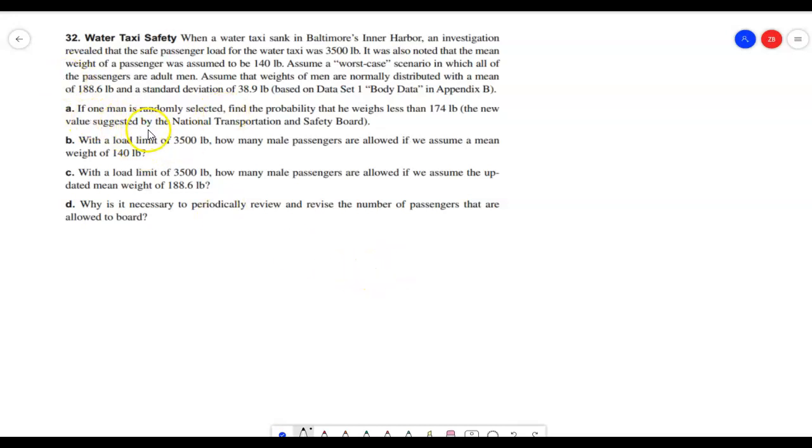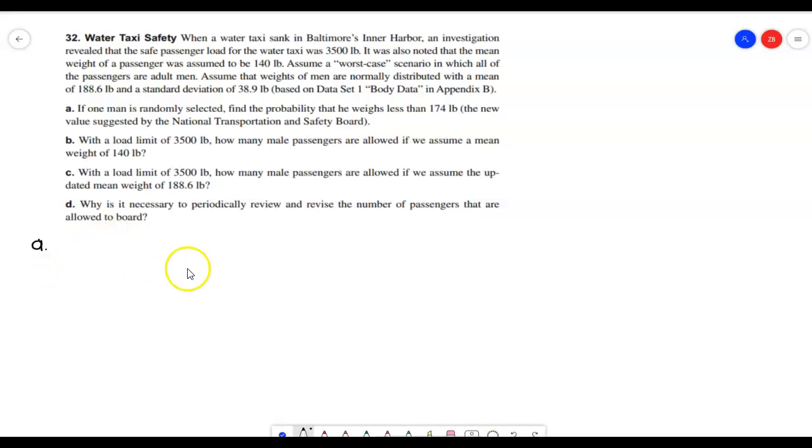All right, so the first one says, if one man is randomly selected, find the probability that he weighs less than 174 pounds. This is part A. There's multiple ways to do this, but I always like to start off with just drawing my little distribution bell.